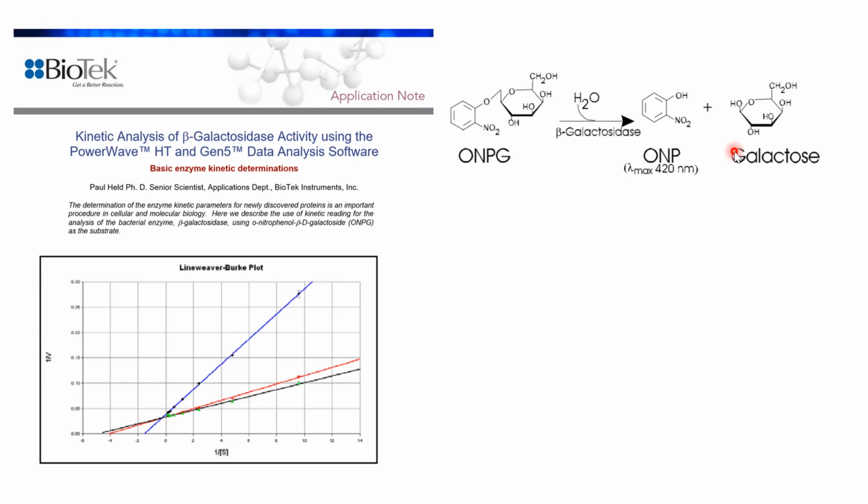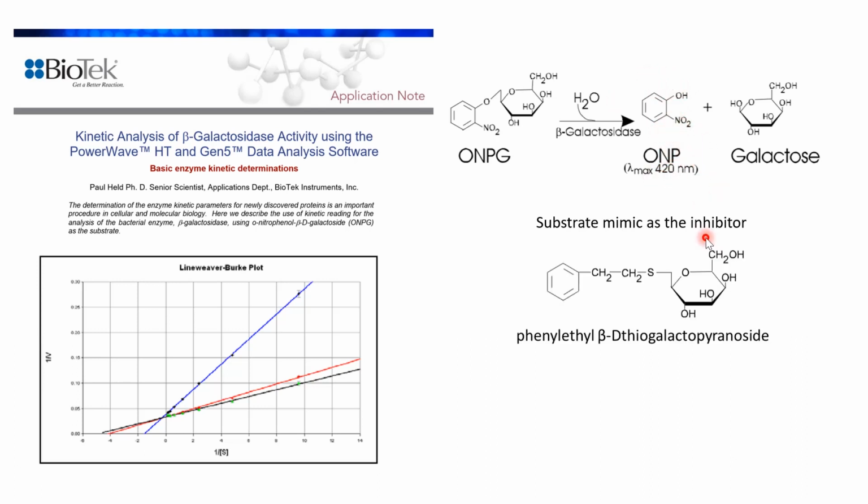If you look at it, in this application they're measuring this system, so they have a substrate which is being cleaved by their enzyme into two products, and this is colorful, so they're able to measure the formation of this over time. And they're using a substrate mimic as the inhibitor, so you can see clearly how this looks very much like their chromogenic substrate, except that this is not converted into anything by the enzyme. It just blocks the active site.